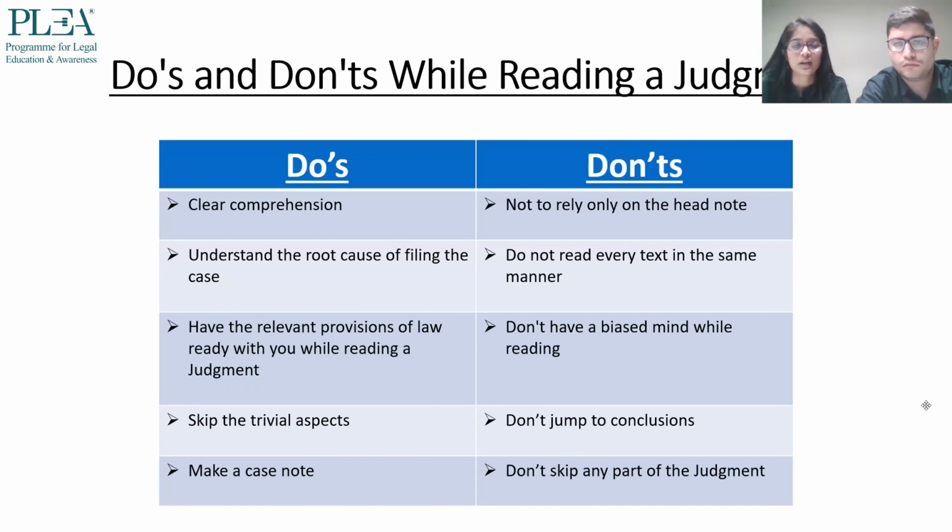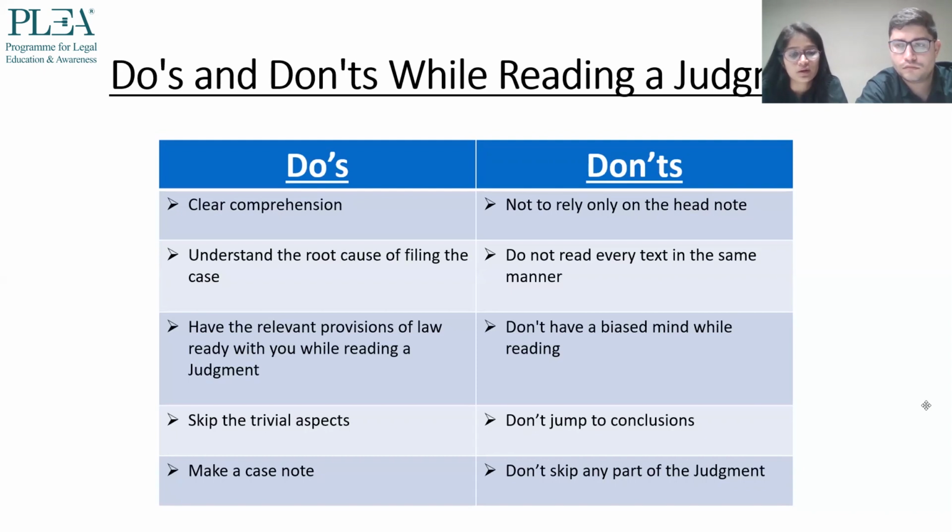The next point that you have to keep in mind while reading a judgment is, always keep bare acts handy, and keep the provisions of law that have been referred to in a judgment ready with you. For example, the case which I had previously cited in the previous slides was about 354 and Article 226.